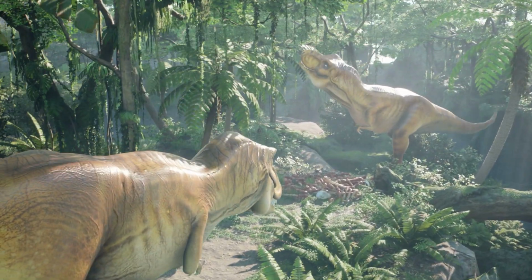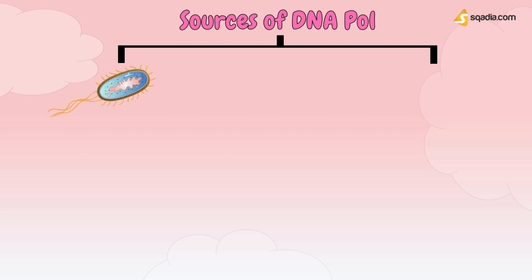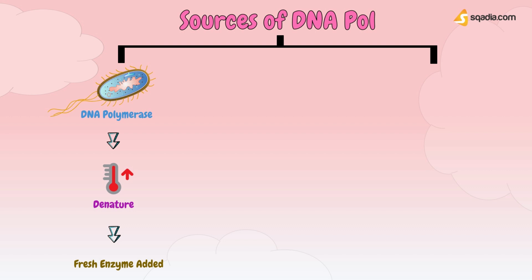Now, let's discuss the sources of deoxyribonucleic acid polymerase in the original technique of polymerase chain reaction. Klenow fragment of E. coli deoxyribonucleic acid polymerase was used. This enzyme gets denatured at higher temperature. Therefore, fresh enzyme had to be added for each cycle.